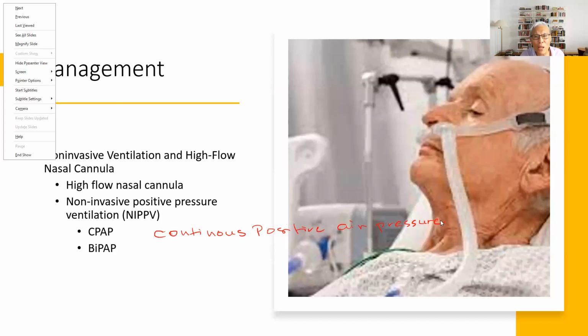That is what is known as CPAP. Now, BiPAP, on the other hand, the word bi means it is two ways, meaning that the pressure on inspiration might be different from the pressure that we will exert on expiration. So we usually will have the inhalation phase much stronger than the expiratory phase. That is what is known as BiPAP.